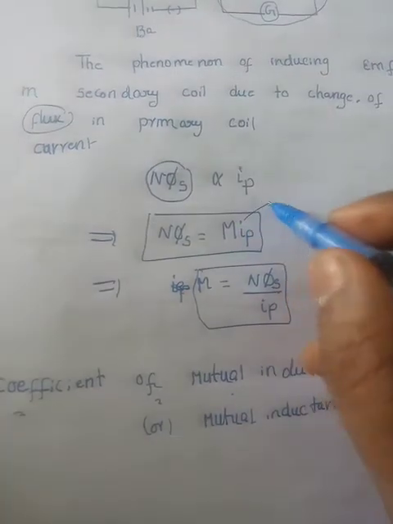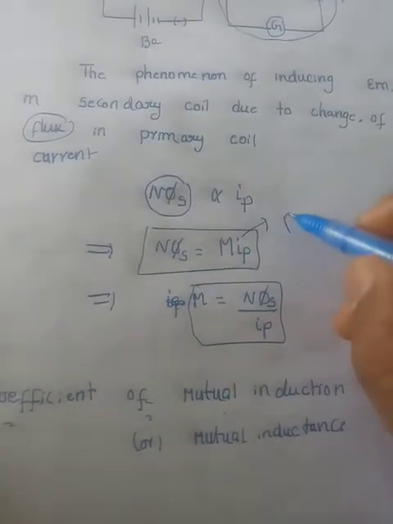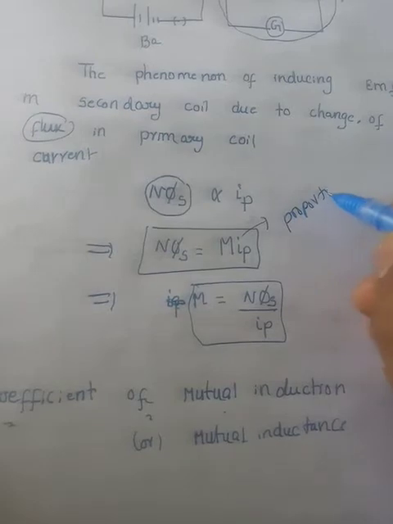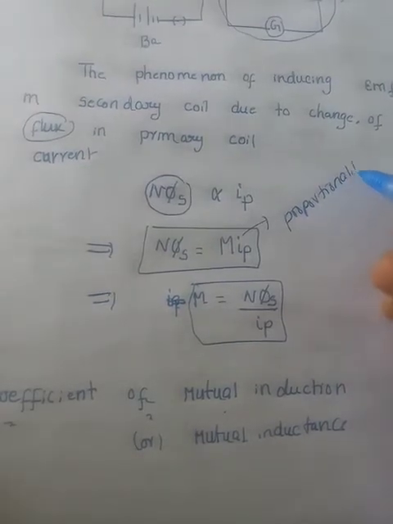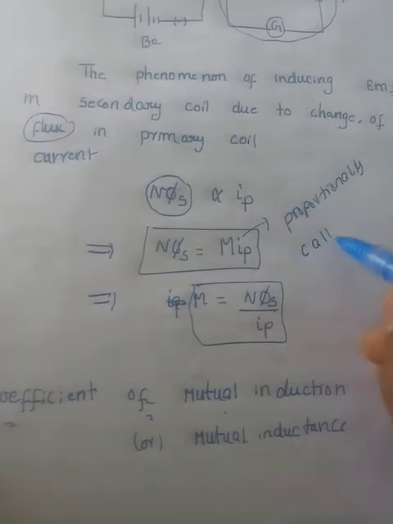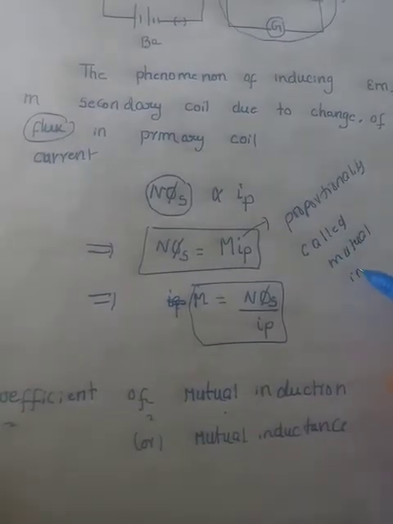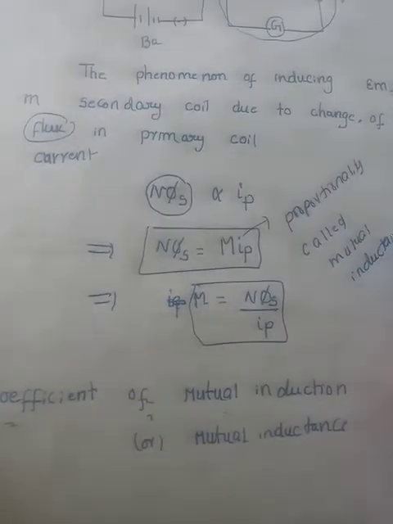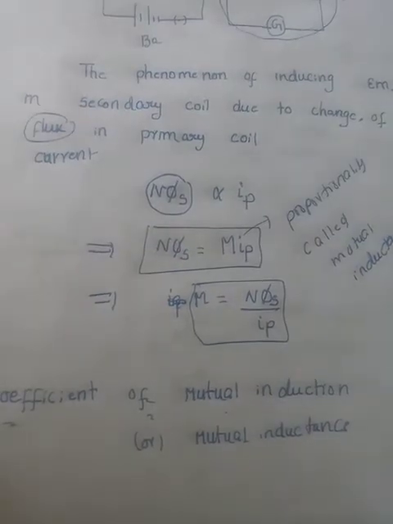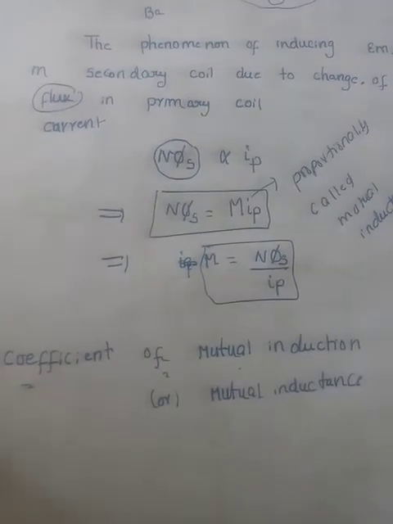So here M is a proportionality constant called mutual inductance. Understood?